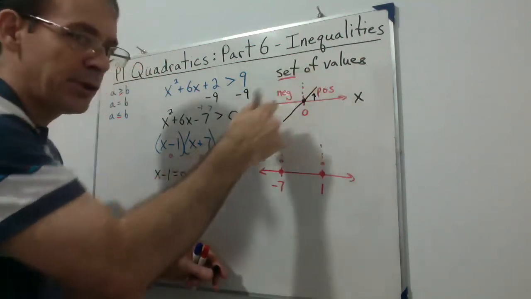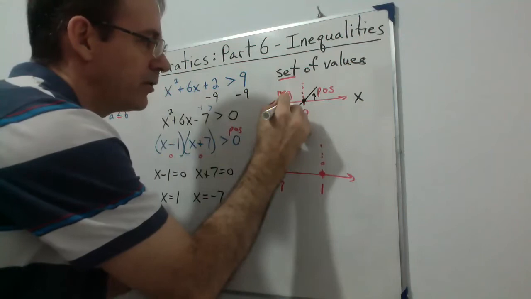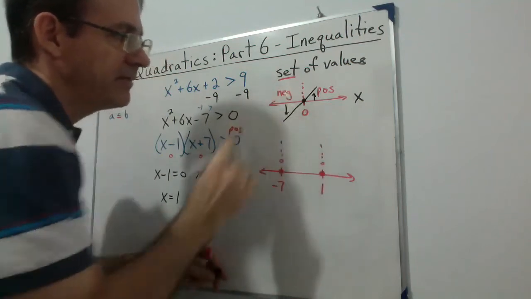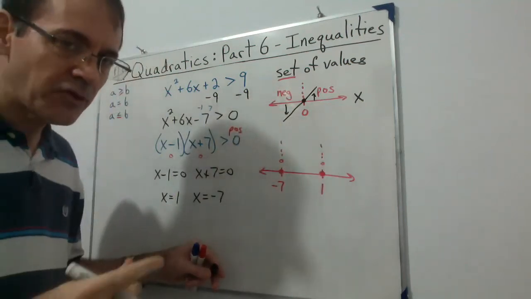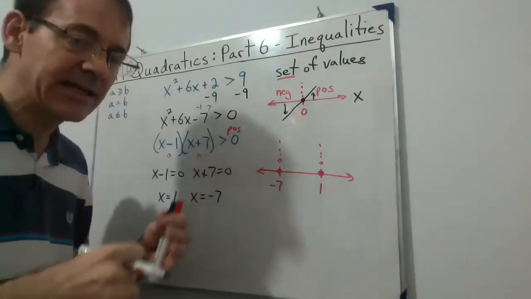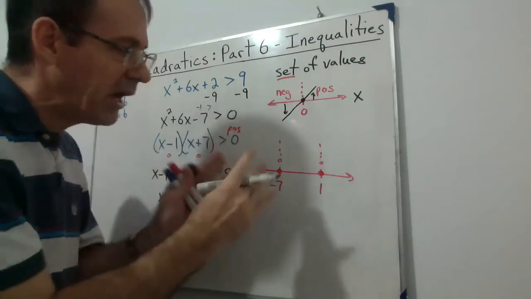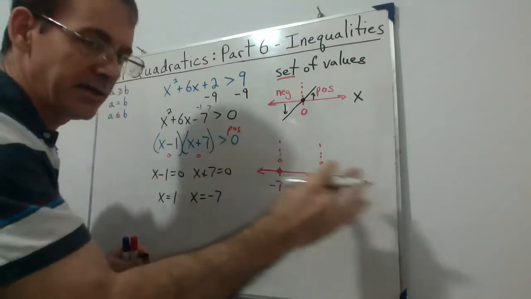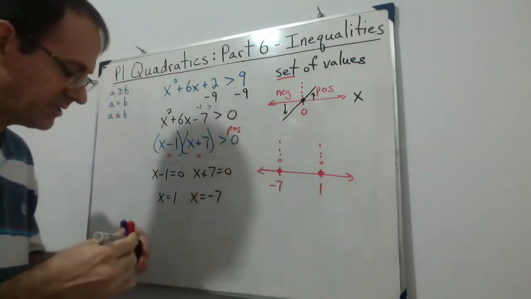If you're below the x-axis, your y value is going down. That's the negative section. So we're going to use our understanding of graphs to help us identify the positive and negative sections.